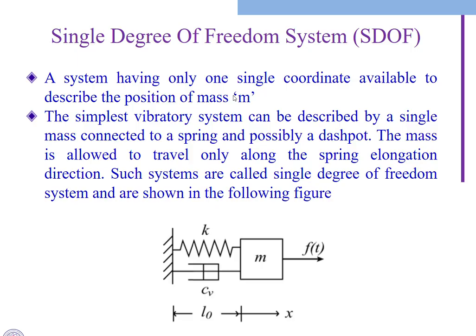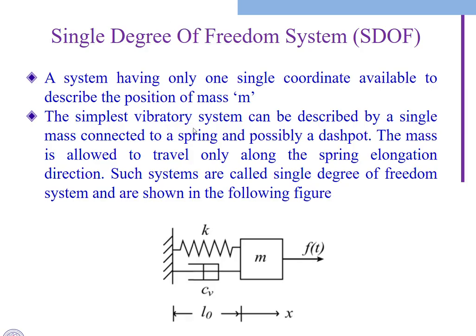We have only one direction, one single coordinate, either x or y or z or rotation. That means there is only one coordinate along which the mass can be displaced from its original position. That is what we call a single degree of freedom system.